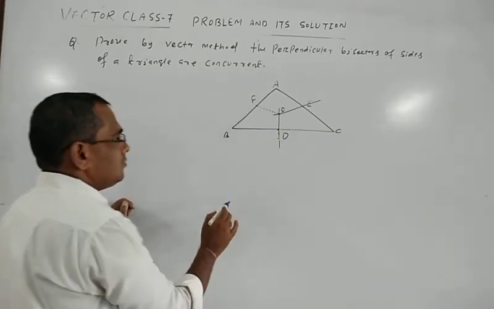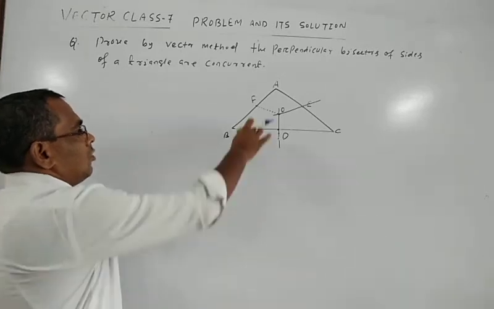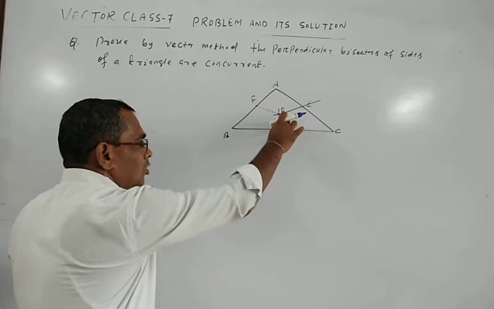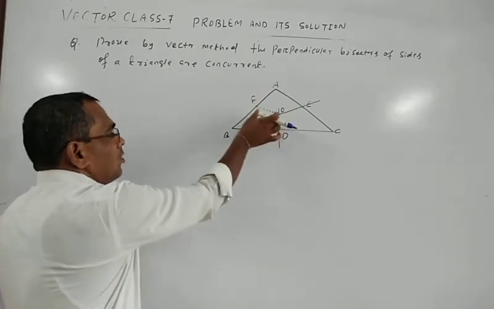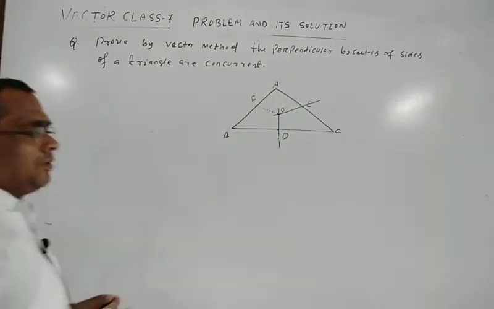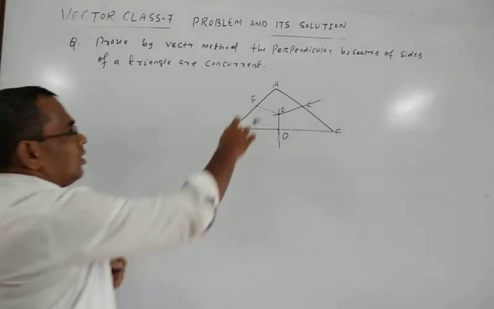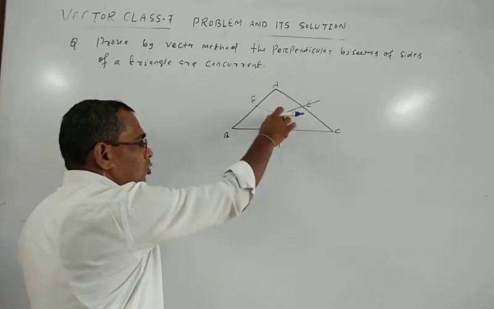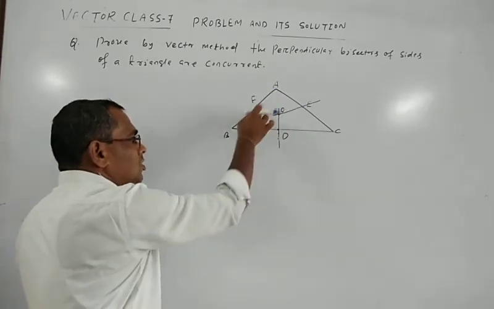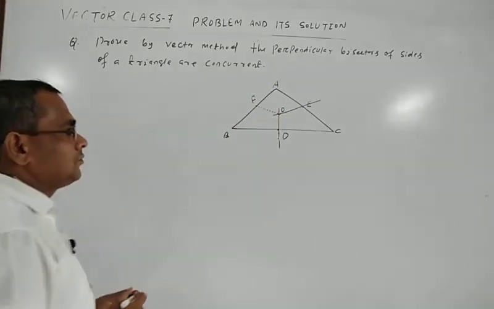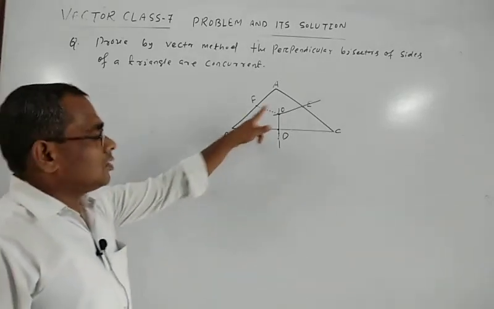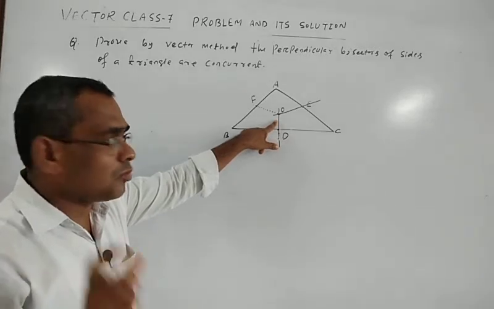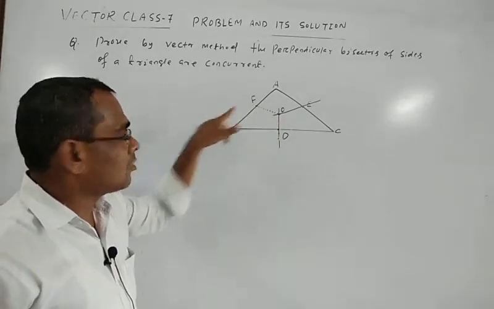That means OF passes through this point O, so OF must be perpendicular to AB. So these all intersect at that point O, which means we have to prove that OF is perpendicular to AB.